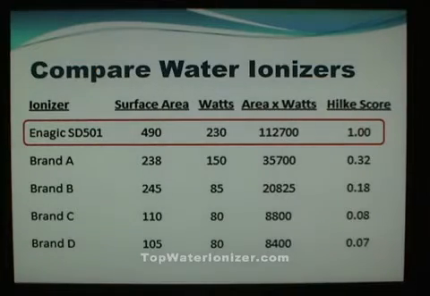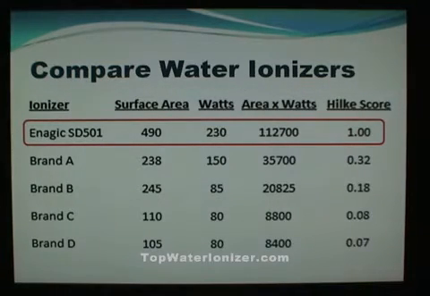And then I took the highest score and assigned that a value of 1, and then compared all of the other area times watts values to that high score. So the Enagic SD501 is the greatest value in the area times watts at 112,700.